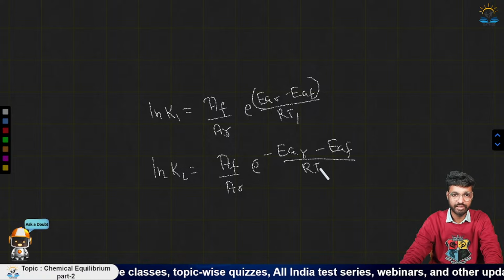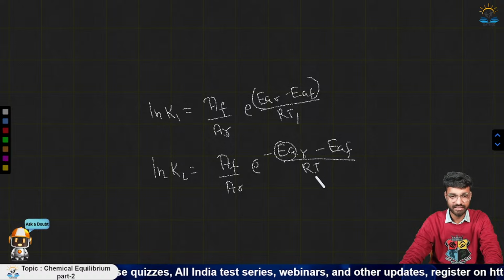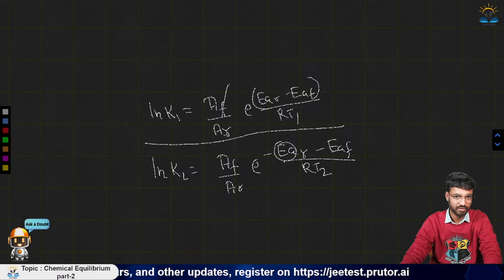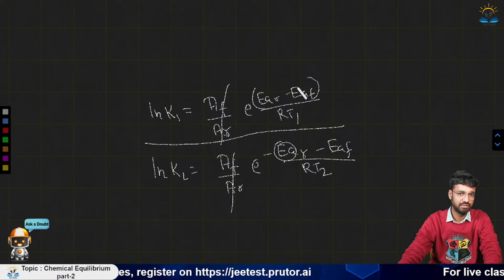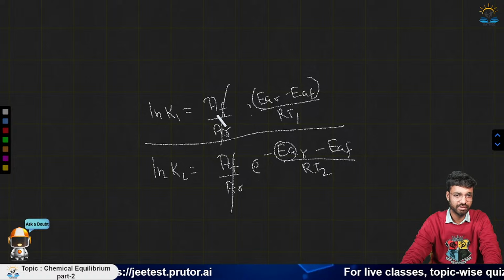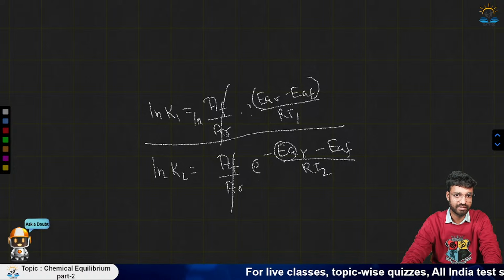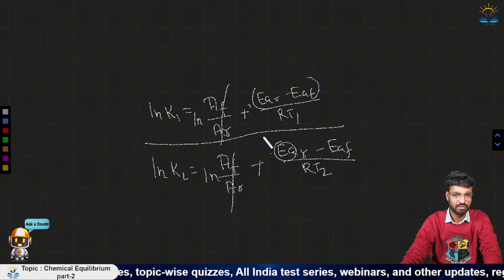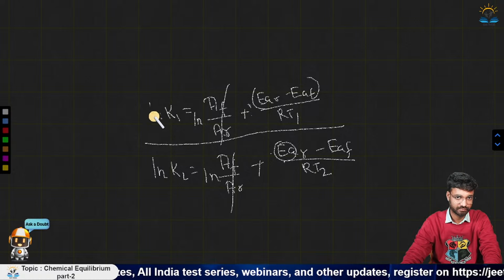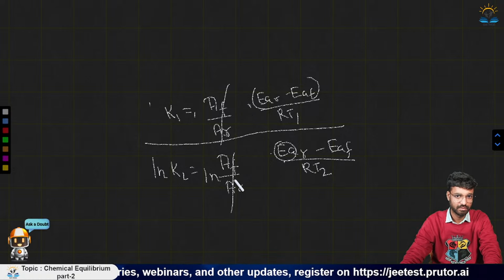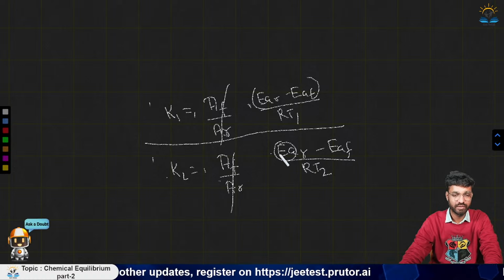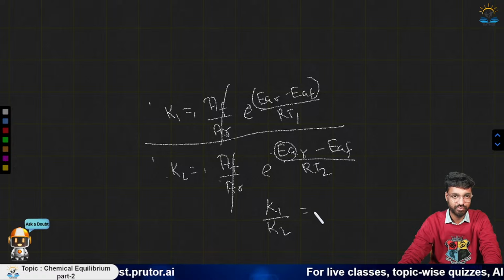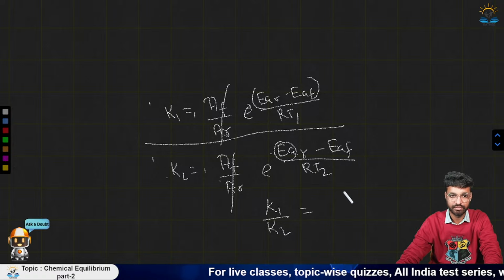All these values remain constant, because the activation energy is the same; only the temperature changes. If you subtract the two, the constant term will get cancelled, and we get an equation with K1 upon K2 equal to this whole thing.